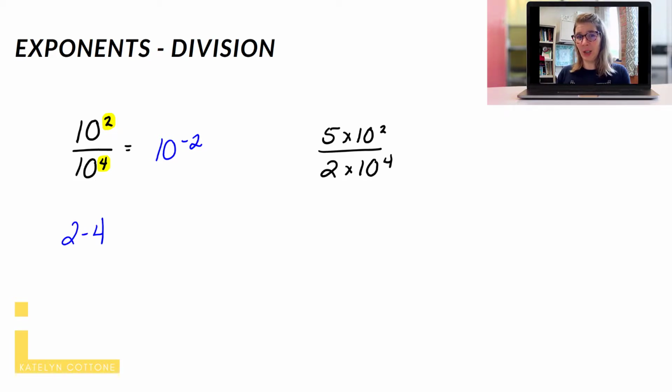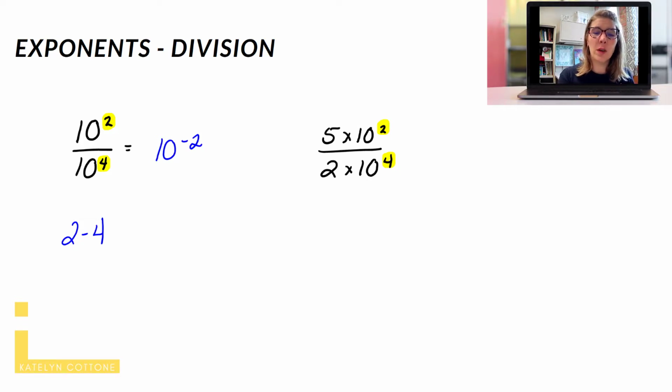Now let's again use more of a chemistry example and look at these values in scientific notation. So just like we did in the earlier example, we're going to see that we have two parts to focus on. One part is to look at the exponent portion. That exponent portion, 10 to the second divided by 10 to the fourth, you're going to subtract the 2 and the 4.